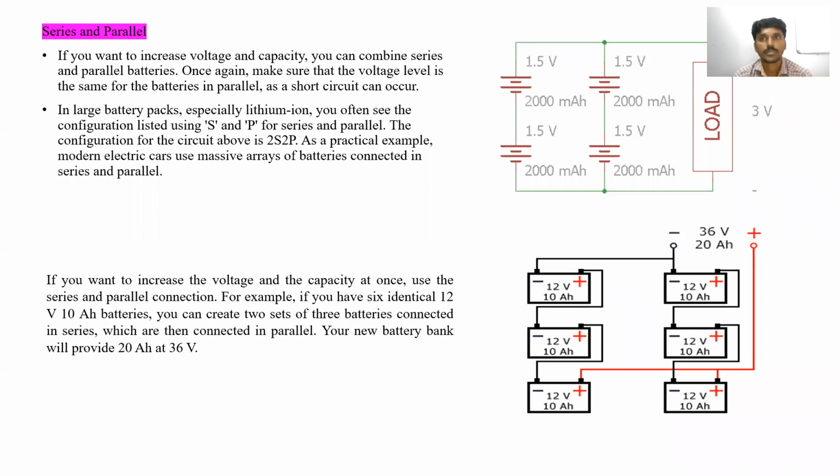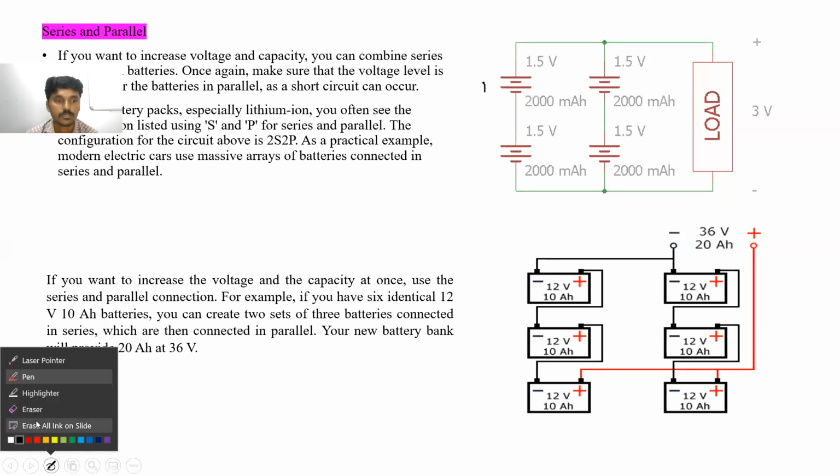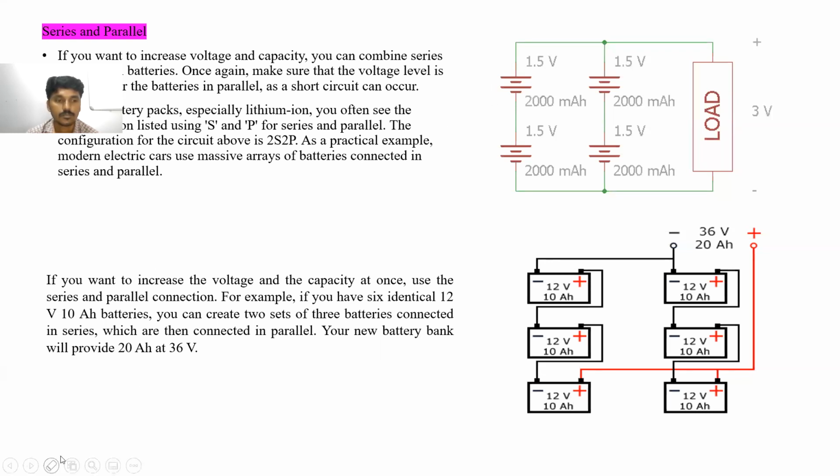Next, series and parallel. How can we give the series and parallel connection? Can anybody tell, please? Here we have taken 4 cells. Cell 1 and cell 2 are connected in series, and cell 3 and cell 4 are connected in series. Is it right?